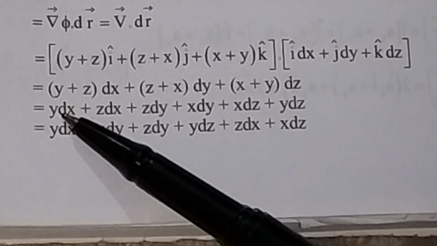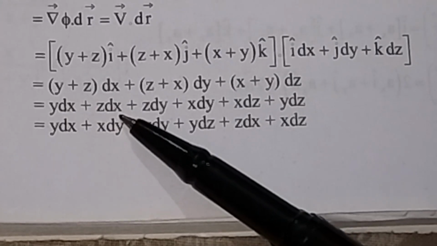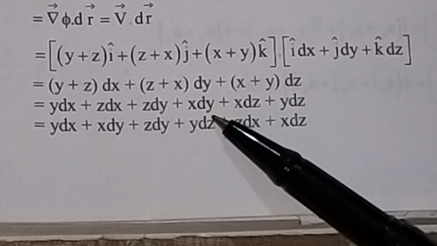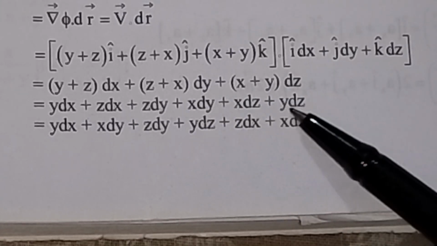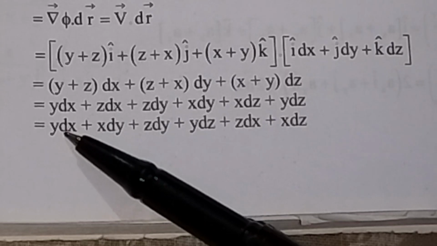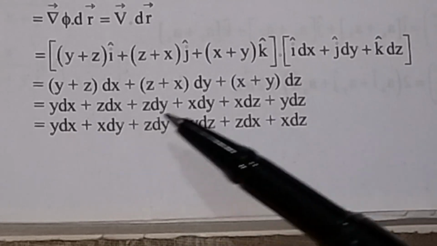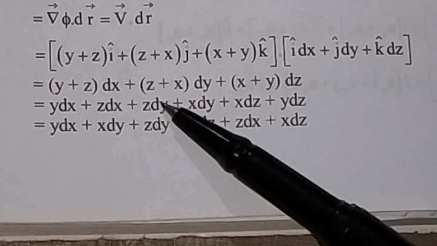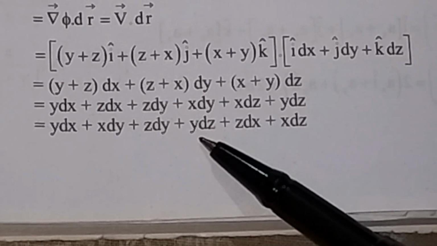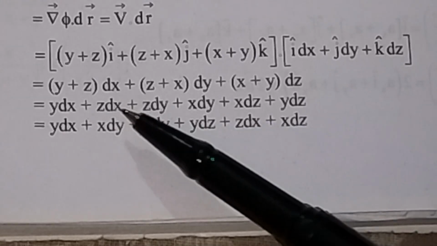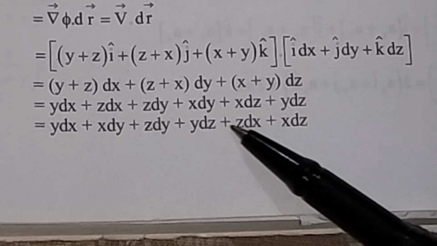So this will be equal to y dx plus z dx plus z dy plus x dy plus x dz plus y dz. And rearranging the terms, this will be equal to y dx plus x dy, plus z dy plus y dz, plus z dx plus x dz.